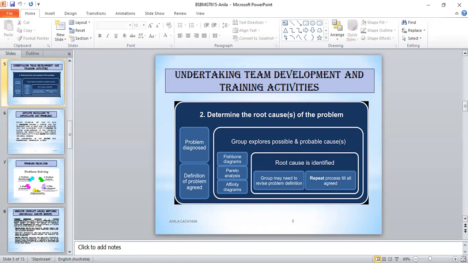First, we can identify the root cause by using a fishbone diagram, Pareto analysis, or affinity diagrams. And once the root cause is diagnosed, the group needs to revise the problem definition and repeat the process till all agree. After diagnosing a problem, define the problem as per agreed terms.